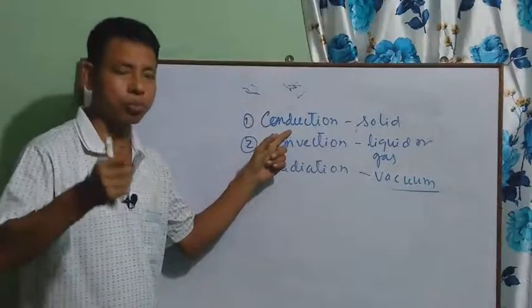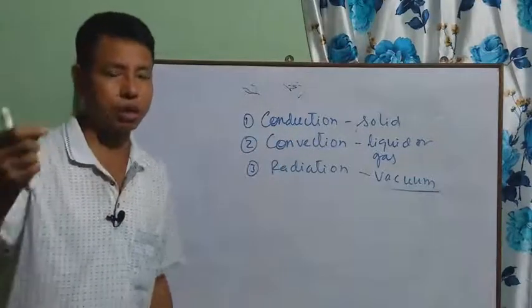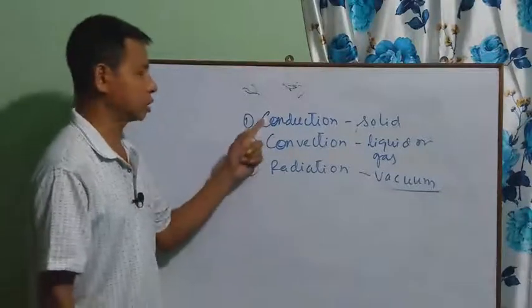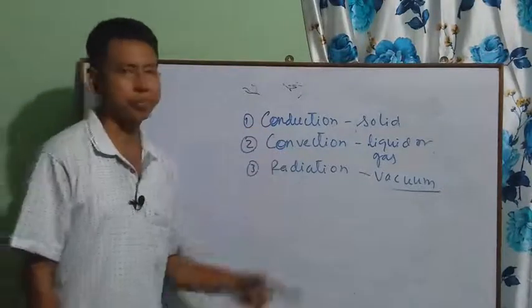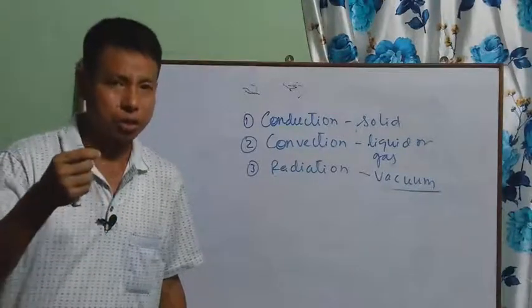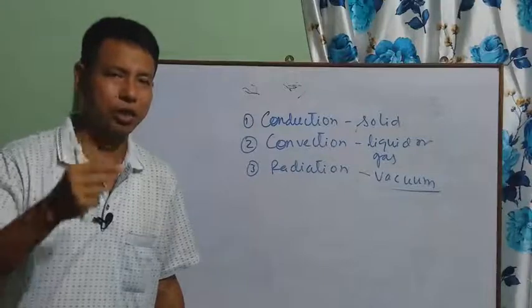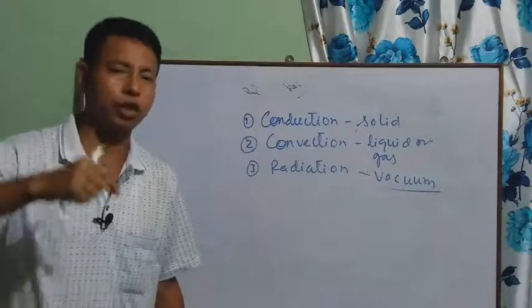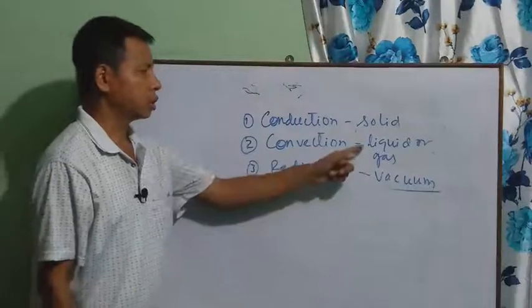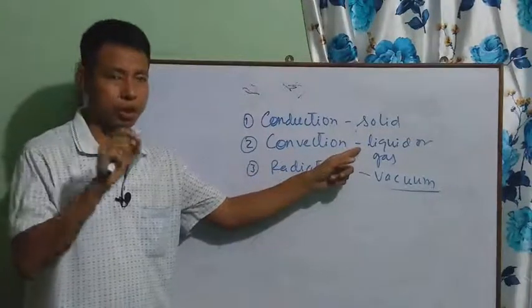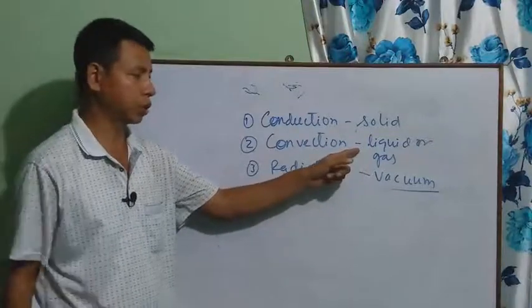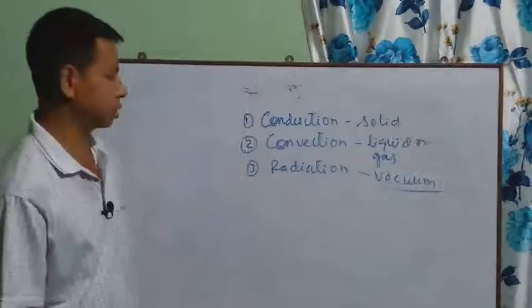It just goes on passing from one particle to the other particle. In case of convection, if a teacher needs to pass the book, the teacher himself or herself will move, go up to the last bench and pass the book. That is just like movement of the particles. The actual movement of the particles of that medium takes place.